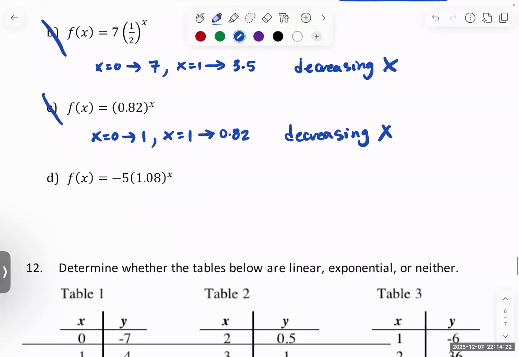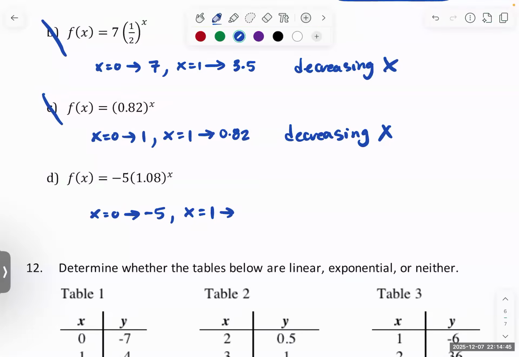Now, for this one, if I were to plug in x equals 0, I always start off with 0. It's the easiest. I get negative 5. If I plug in x equals 1, I get negative 5 times whatever that is, which is going to be, pretty sure, negative 5.4.